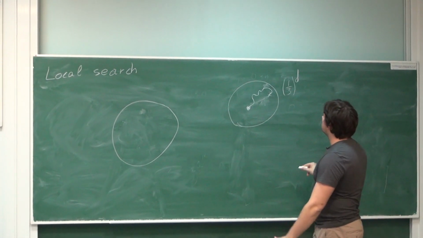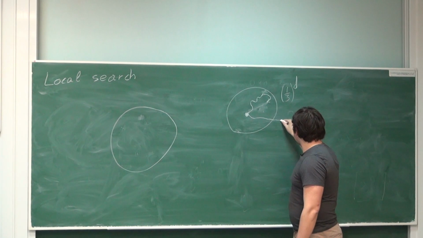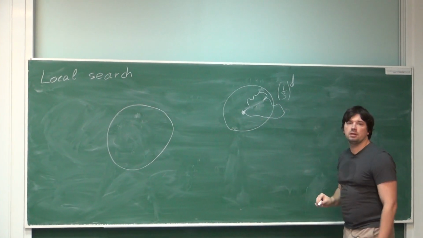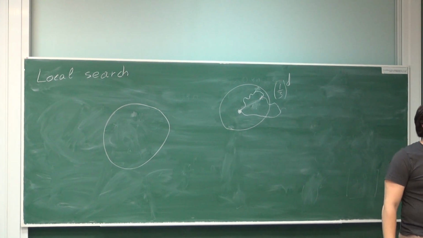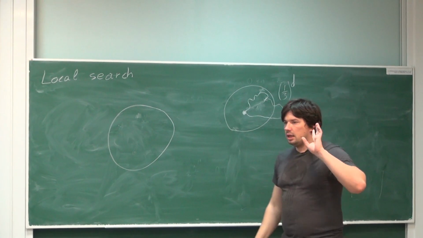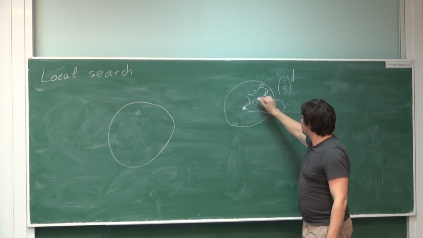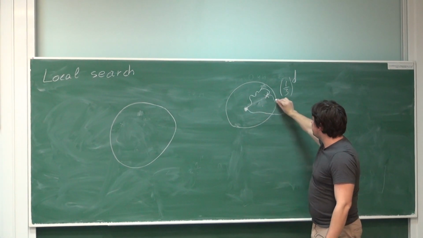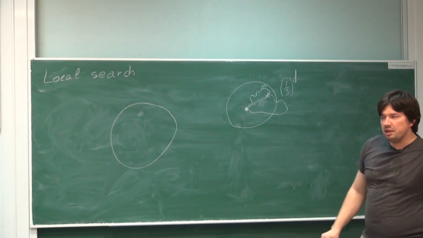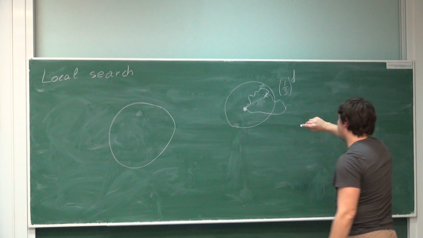Moreover, I don't really care if my walk wanders out of this neighborhood and gets to the correct solution. That's also fine. While I analyze my algorithm in terms of the distance, I'm okay with getting pretty far from my original assignment and then hopefully getting back.